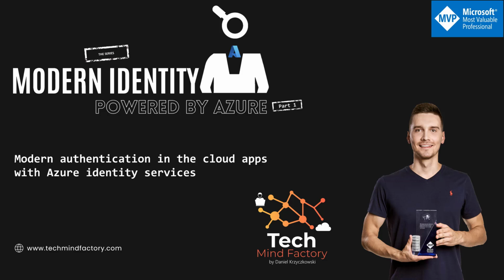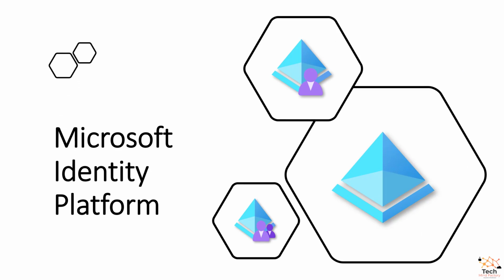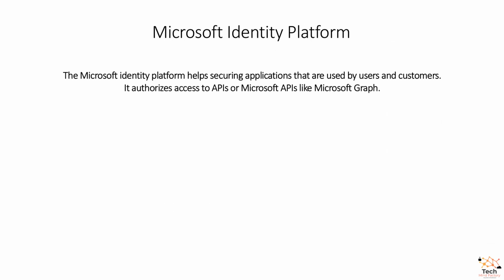In this first video, we are going to talk about modern authentication in cloud apps with Azure Identity Services. So, it's good to understand what Microsoft Identity Platform is. Microsoft Identity Platform helps secure applications that are used by users and customers.